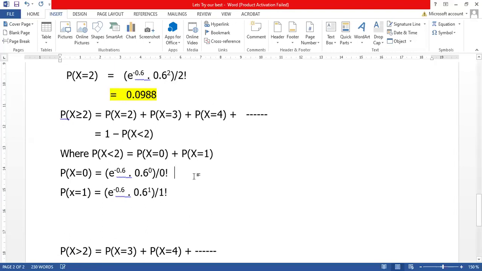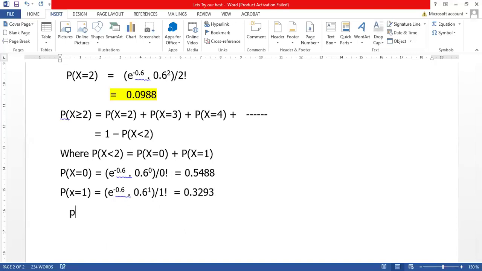Once you get these values, you'll be in a position to get the answer. You first get the probability of x less than 2, which will be equal to, you add 0.8781 plus 0.3293.